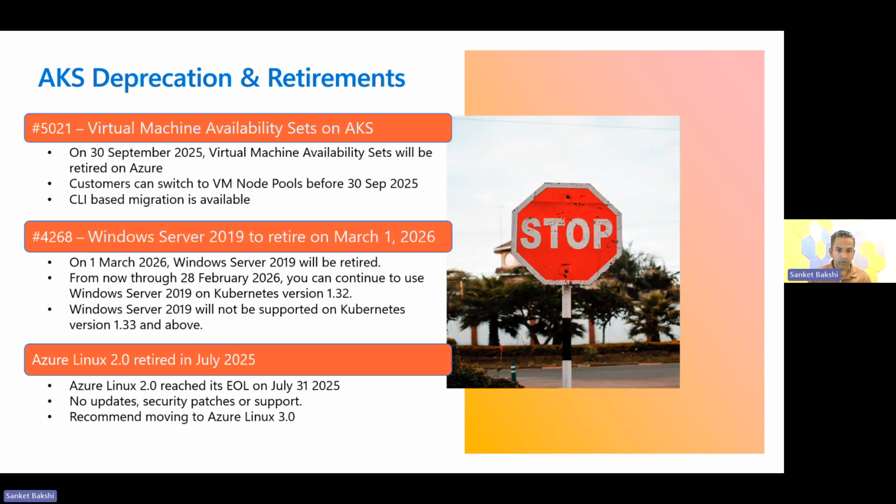Moving on to the next one, I really wanted to quickly talk about the deprecations and retirements. Few different things here. At the end of this month, the virtual machine VM availability sets would be retired. And again, this is an Azure-wide change as well. So if you've not already done that, we definitely recommend you make a switch to the VM node pools before end of this month.